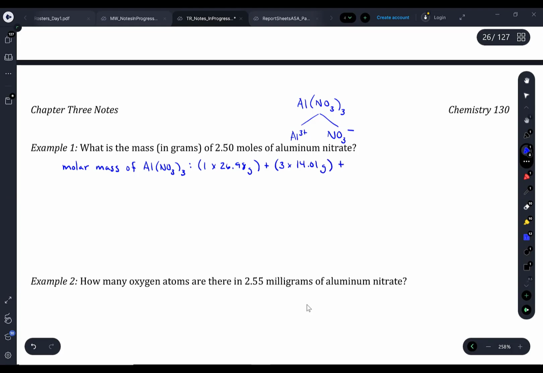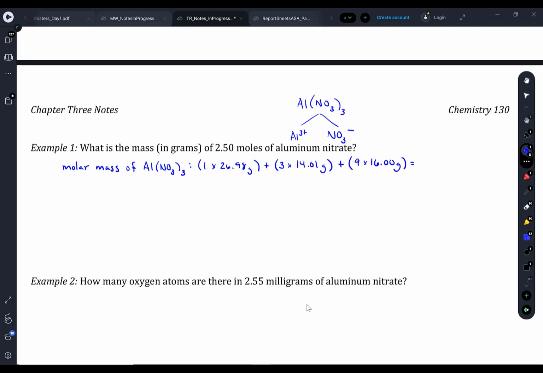Plus, and then oxygen, there's 9, right? 3 inside the parenthesis times 3 outside. So this would be 9 times 16.00. As I said a second ago, you're not usually expected to write this all out.